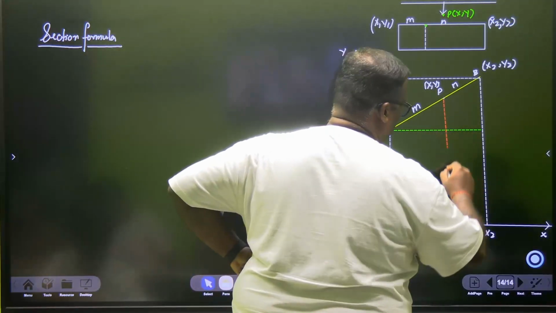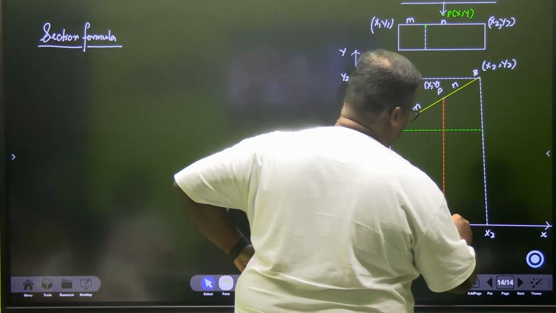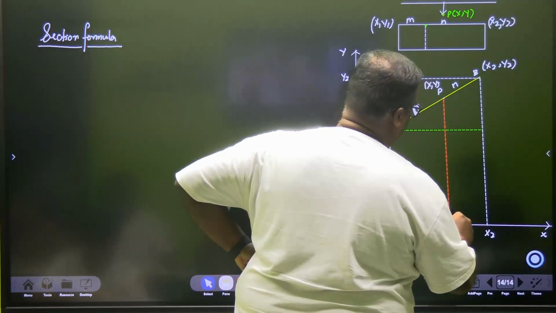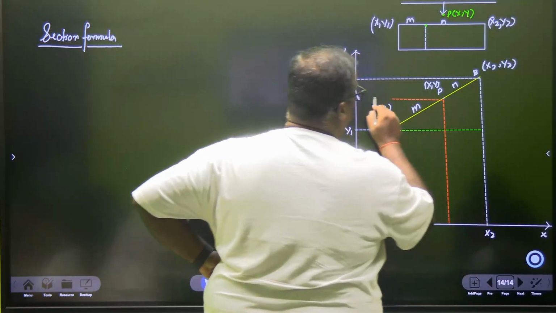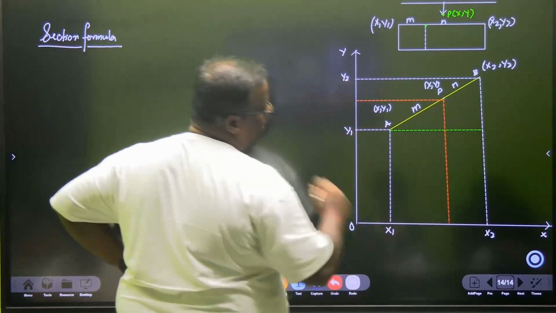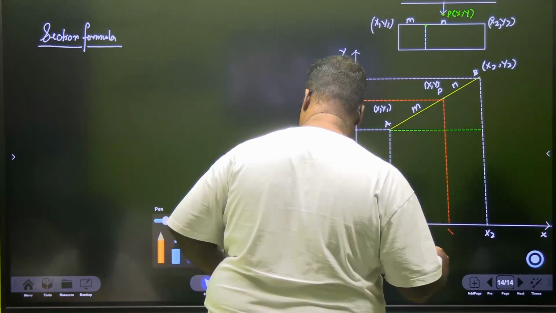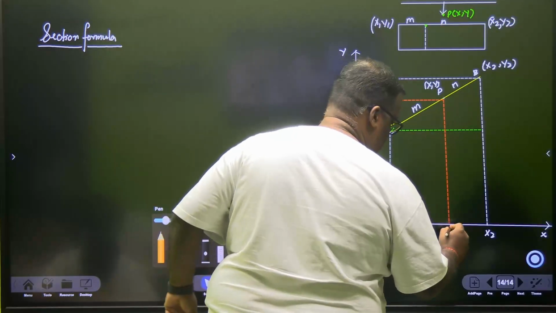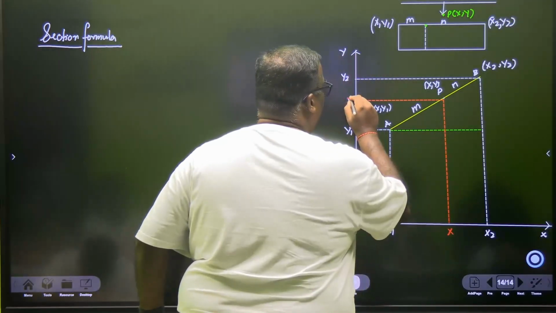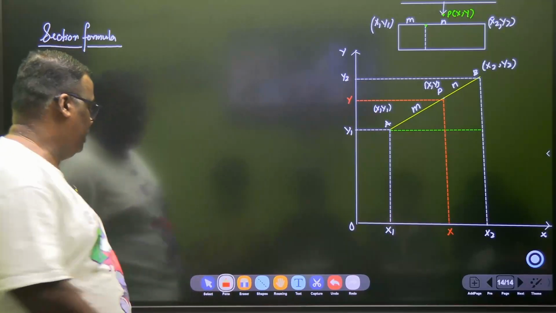So this is P's x coordinate and y coordinate. So P has a x out here and a y out here, right?